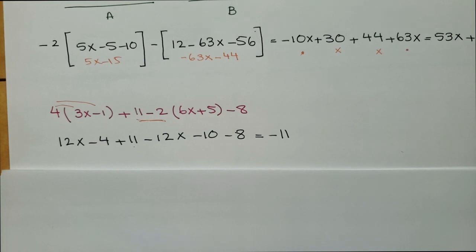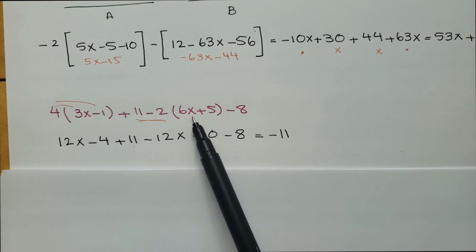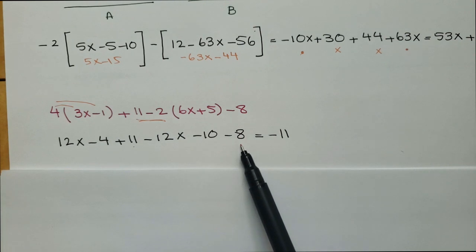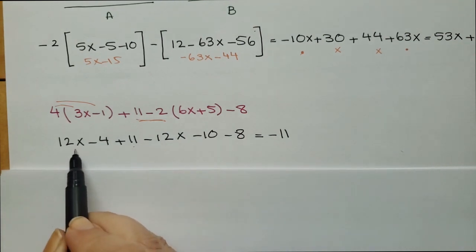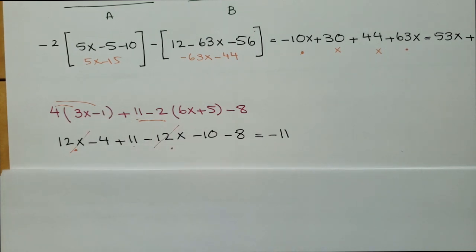So don't forget to follow the order of operations. Negative 2 multiplied by 6x is negative 12x, negative 10, and then negative 8. The next step would be just finding the like terms. 12x and negative 12x will just cancel out. But here I have negative 4, 11, 7, 7 minus 18, minus 11. So the final answer is.